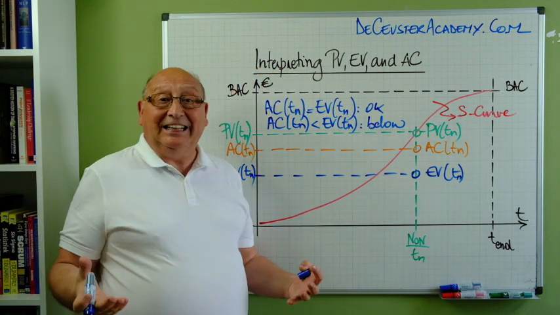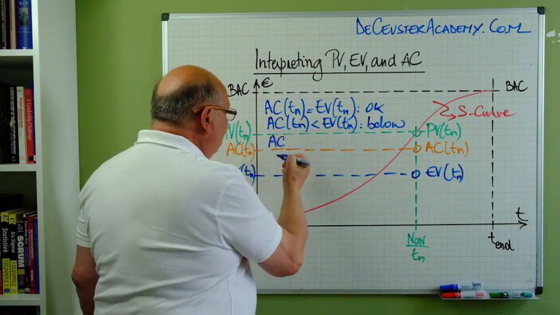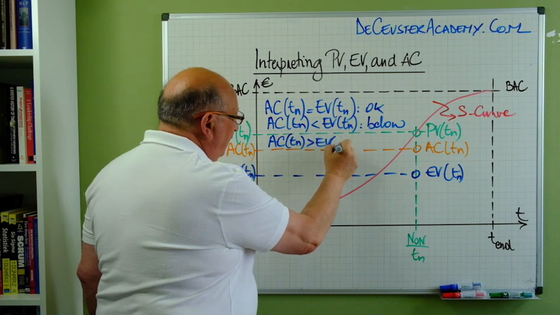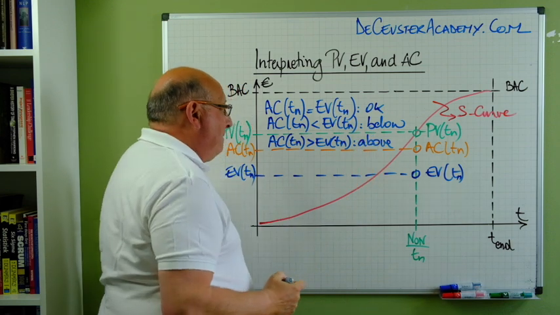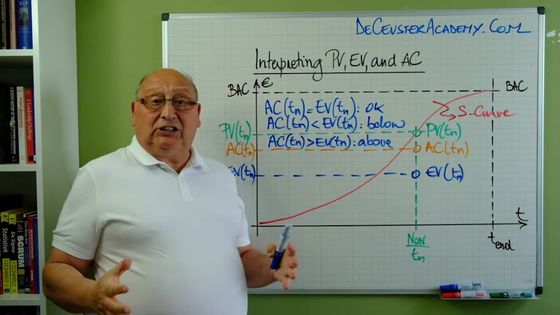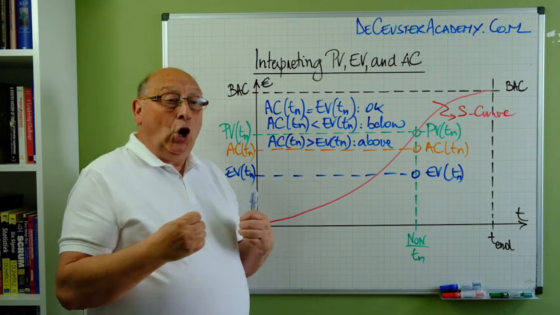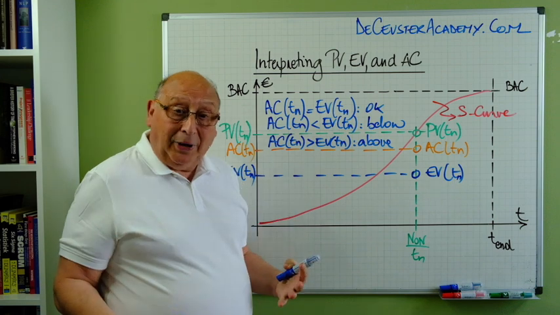We're spending less than what we estimated. In the last case, we have actual cost Tn larger than earned value. Then we are above budget. So these three cost parameters compared with the earned value show me how we are doing cost-wise.